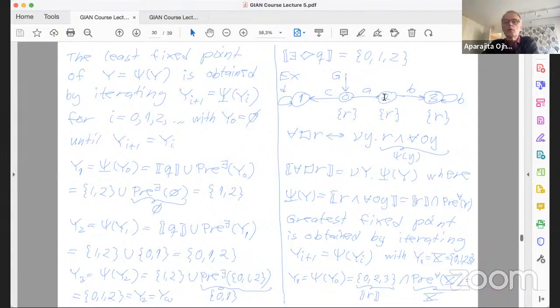Now 0, 2, and 3 are included in Y. But since state 1 is not included in Y and it's a target state from this state, it means that state 0 must also be excluded because that does not fulfill this property. While in state 2, the target state is state 3, and that is already included in Y.